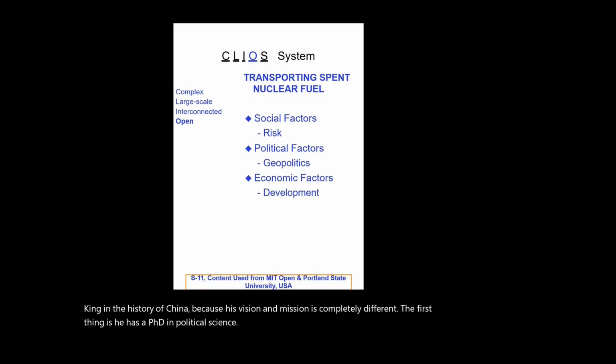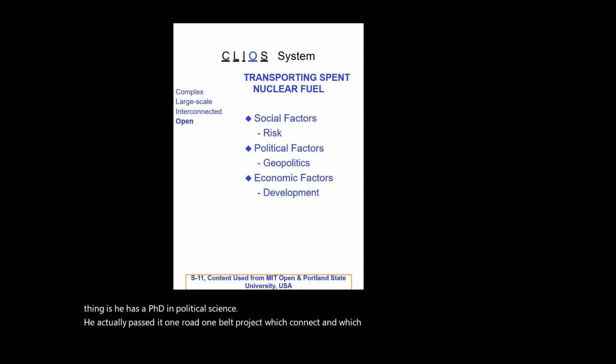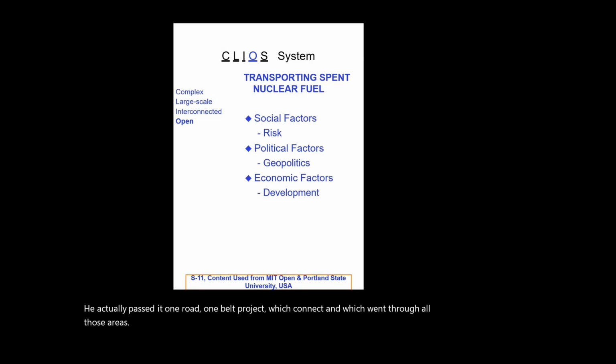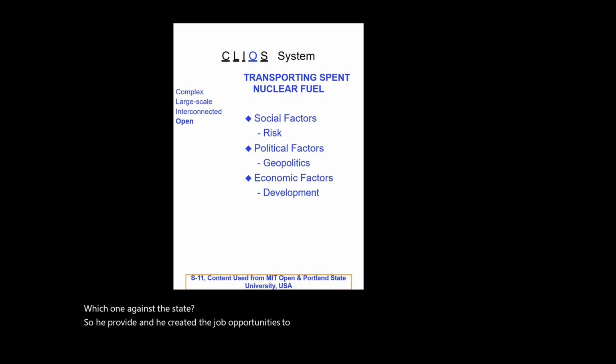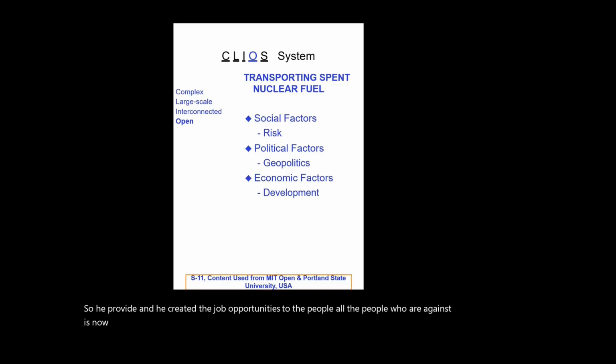And he actually passed the One Belt One Road project, which connected and went through all those areas which were against the state. So he created job opportunities for the people. All the people who were against are now pro the government. So these are the geopolitical decisions which change things.